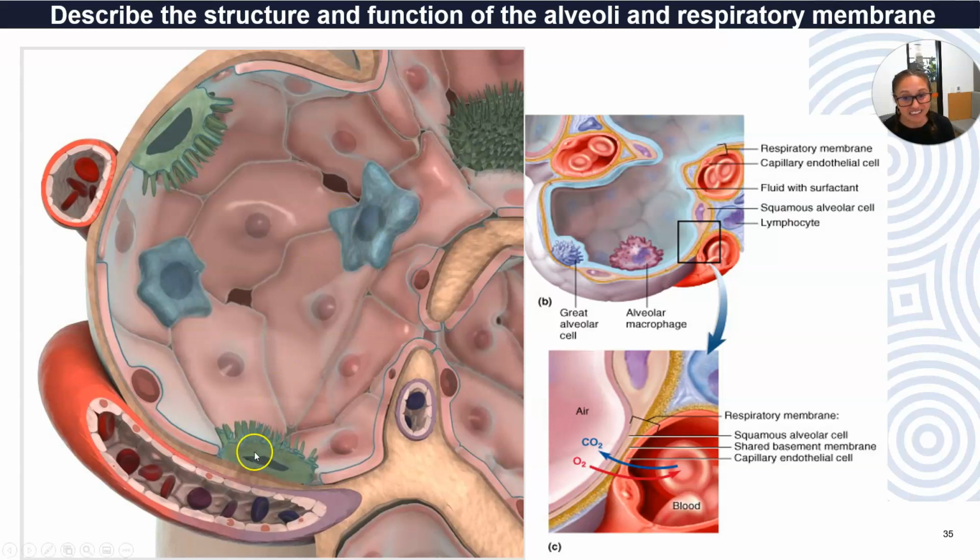And then one of the cells here, I think maybe this one, is the one that makes the surfactant, which is this stuff here that sits on top of the squamous alveolar cell. Now, that surfactant is important because it stops our alveoli from collapsing. We're going to look at surfactant later.